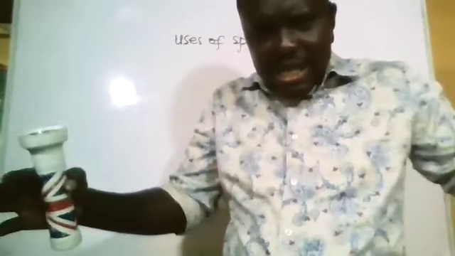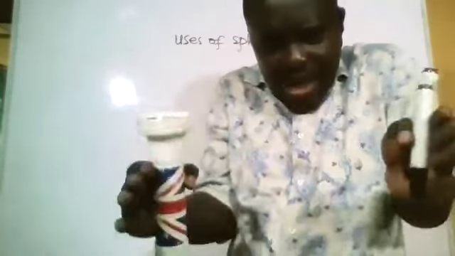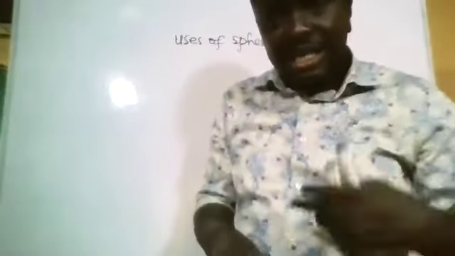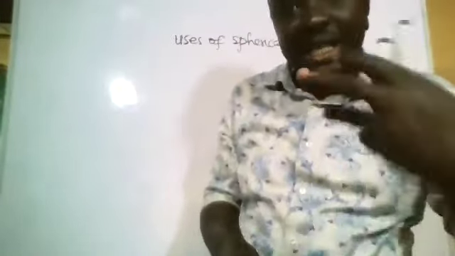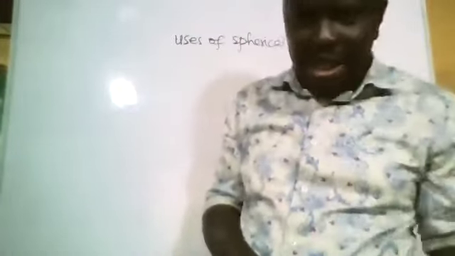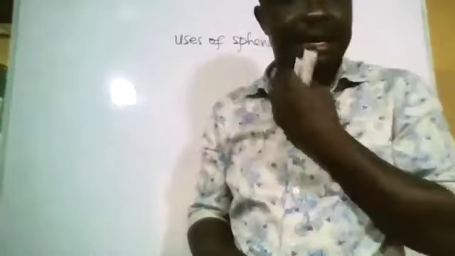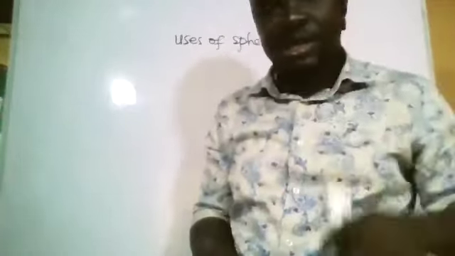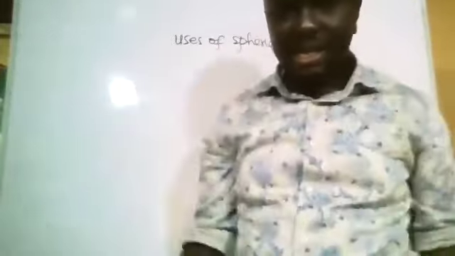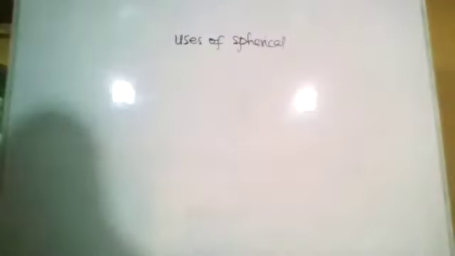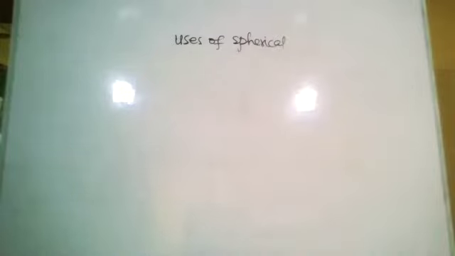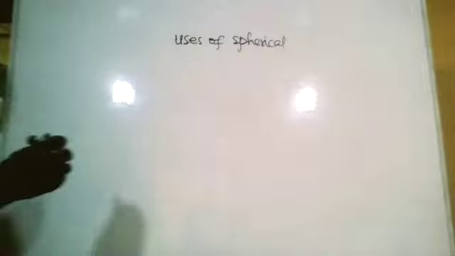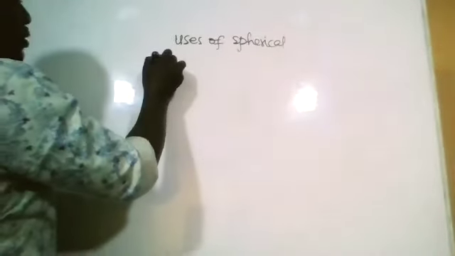It is like converging the rays and giving them a path. So it is used as a reflector in torchlights, car headlamps, and stadium floodlights. It reflects and gives the light a particular direction. So that is one usage of the concave mirror.